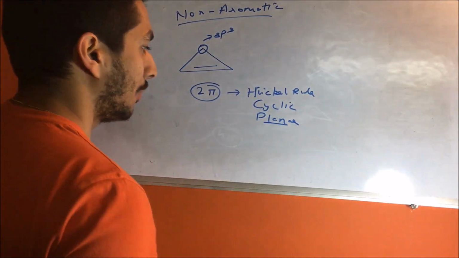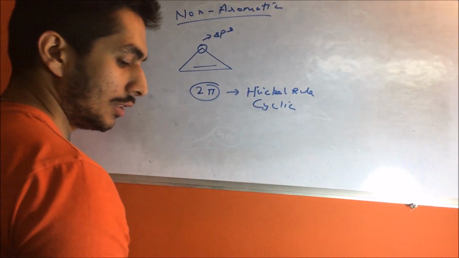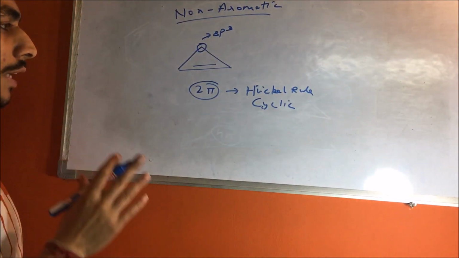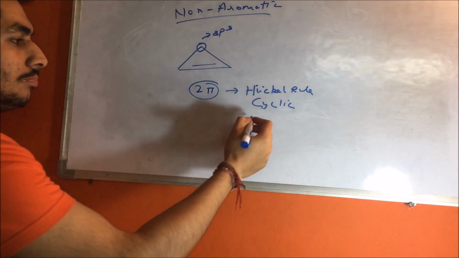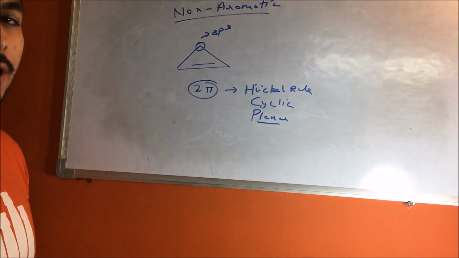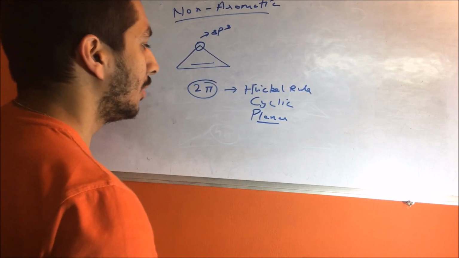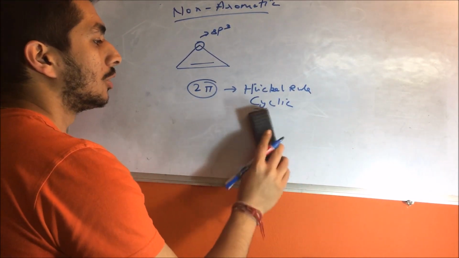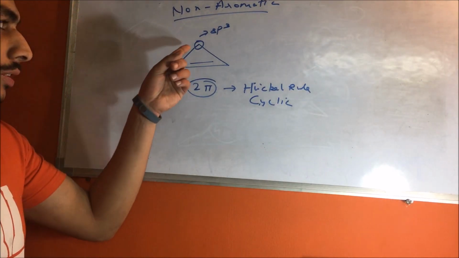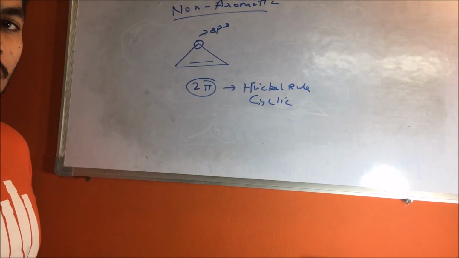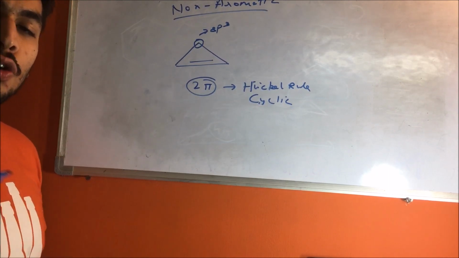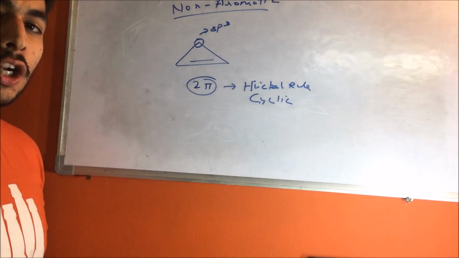It's cyclic, and it's following the Huckel rule. The only problem is it's not conjugated. So compounds which follow the rest of the criteria but are either not conjugated or not planar are non-aromatic.